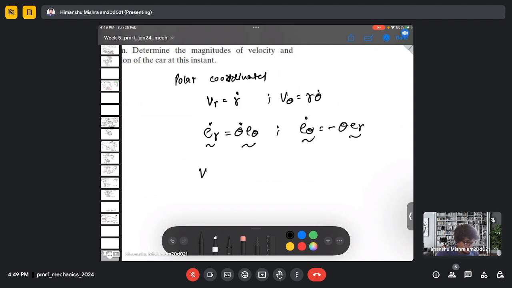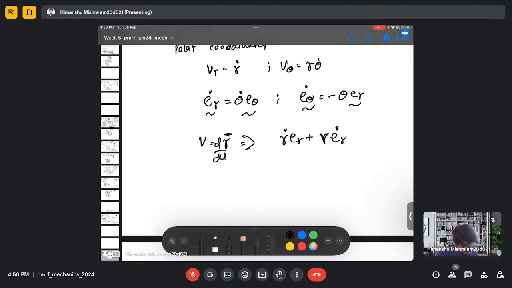So the velocity can be given as the time derivative of r. In terms of vector quantity, it will be r dot er plus r er dot.